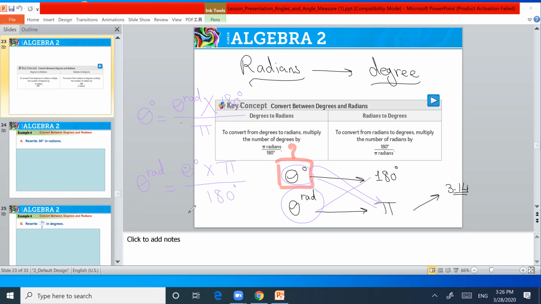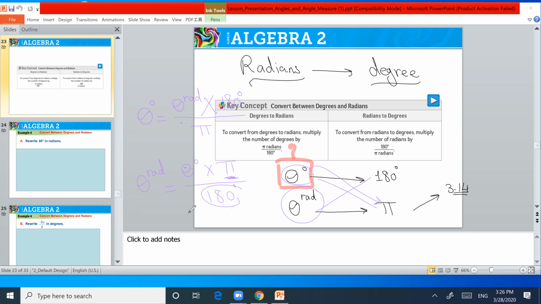So these are the two rules. Again, if we need to find theta degree, 180 is up, as you see, and the pi is down. If I need to find rad, pi is up and 180 is down.